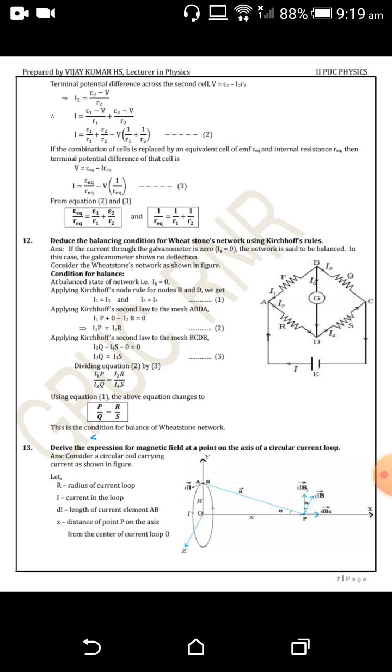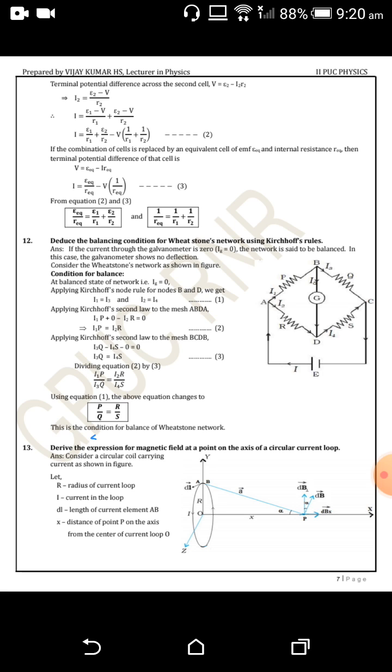We say that the network is balanced when Ig is equal to 0, when the current through the galvanometer reads 0 deflection. When does the galvanometer read 0 deflection? When the potential at B and D remains the same. When the potential at B and D is the same, the current through the galvanometer will be 0. So hence the galvanometer shows no deflection in that case.